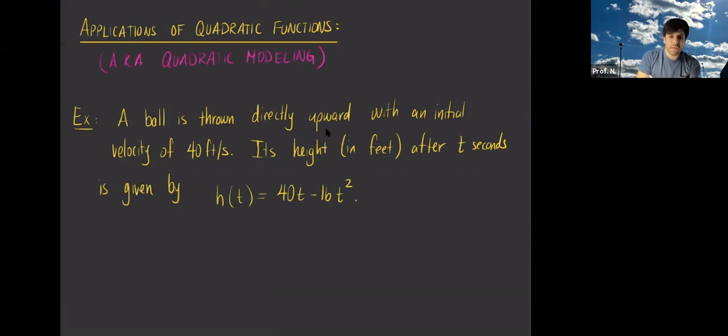Okay, so this is my function that tells me the height of the ball after t seconds. And then the question is going to say, what is the maximum height of the ball?